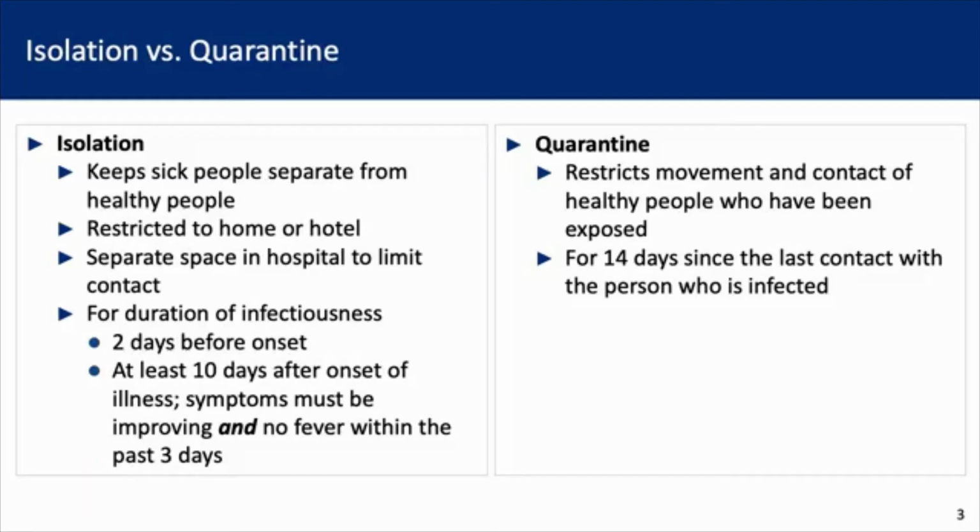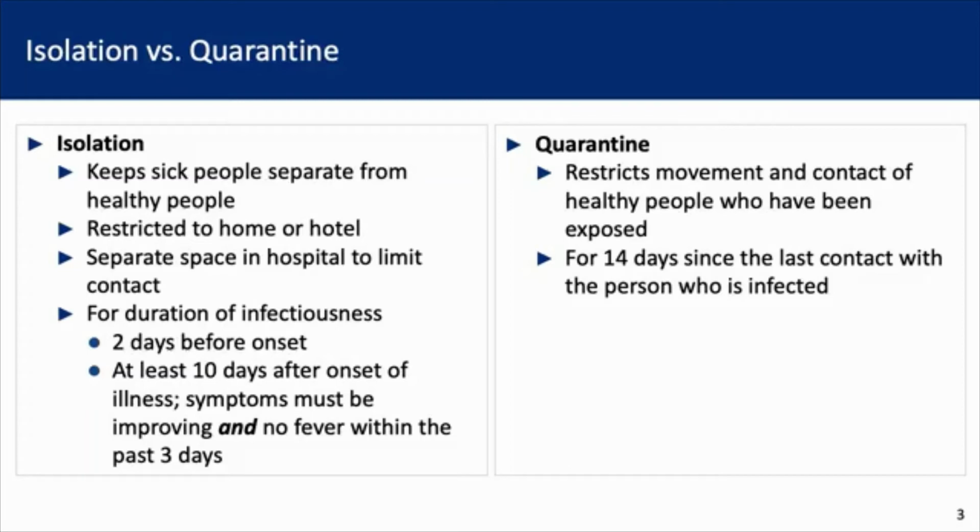Isolation means keeping sick people separate from others, from healthy people, or any other person. This can be done within a home, so you can restrict yourself to your home. If you live with other people, you would also need to keep from having contact with other people even within the home.